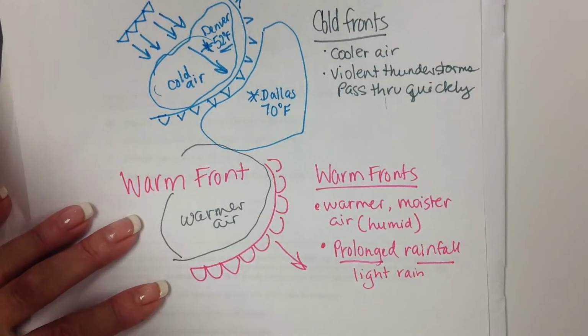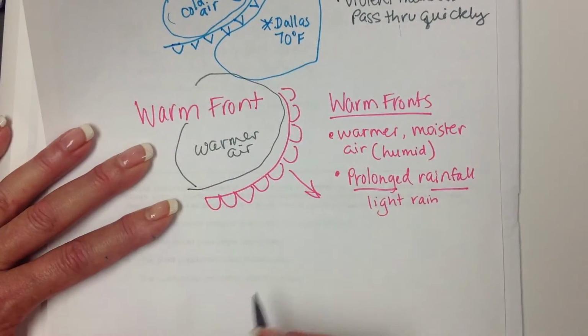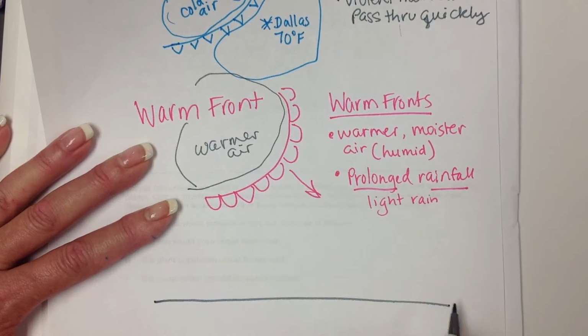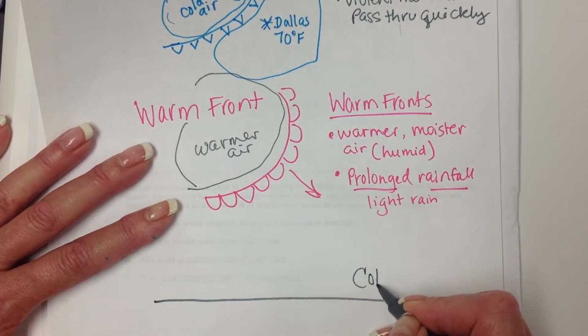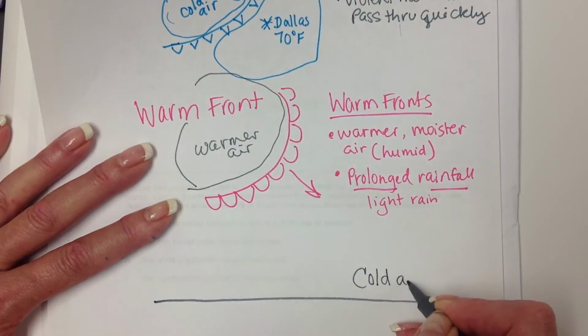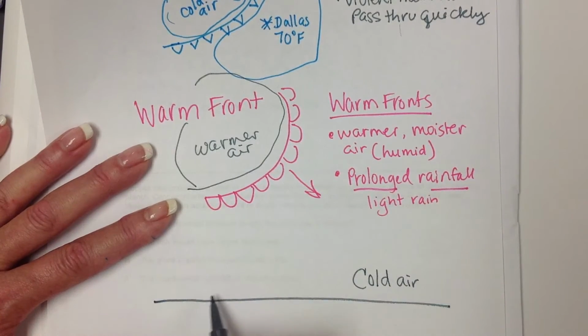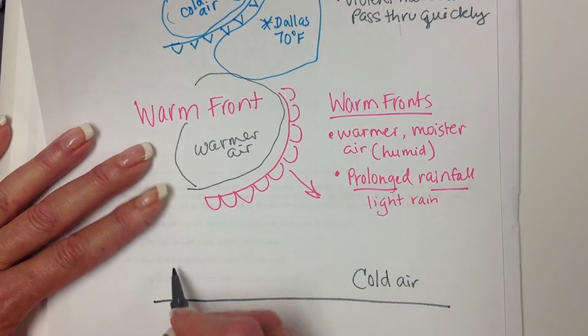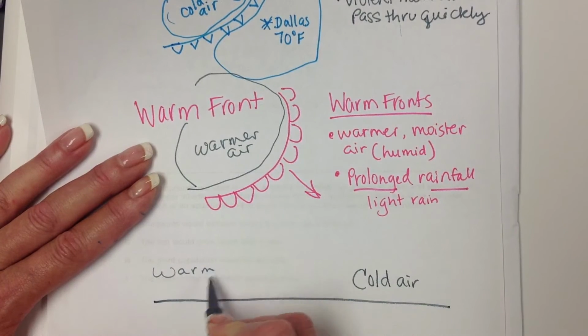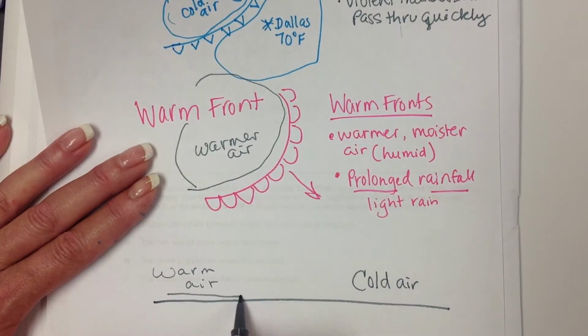If you remember what happens during a warm front, if this is your land, and let's say here's your cold air or cooler air, well, the warm front is coming. The warm air is here, and it's coming this direction.